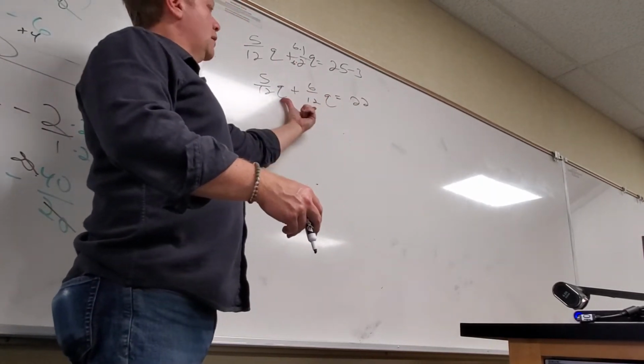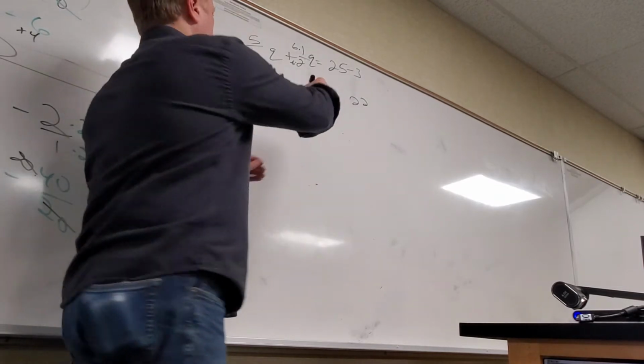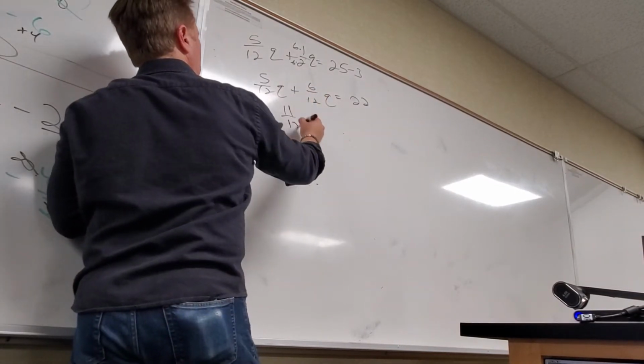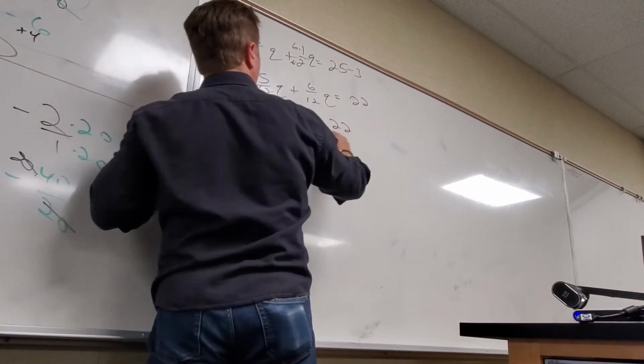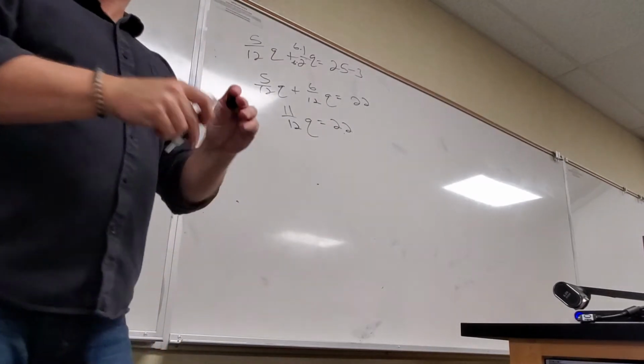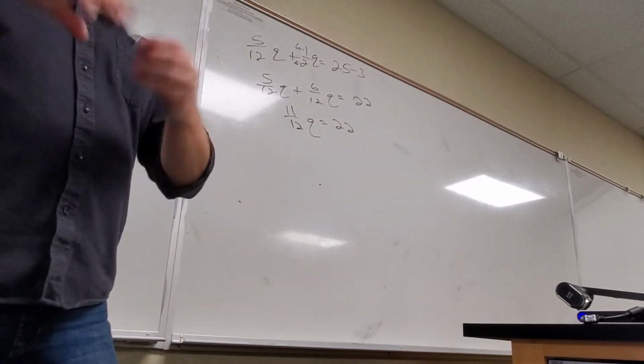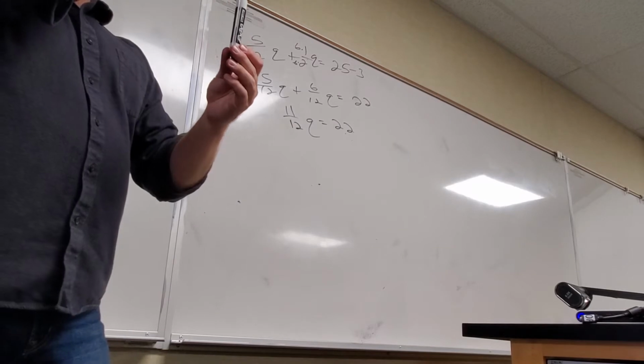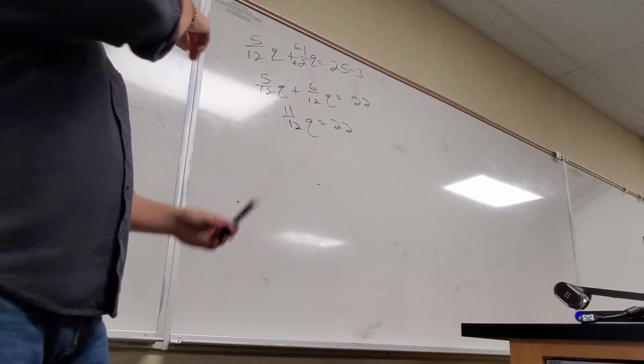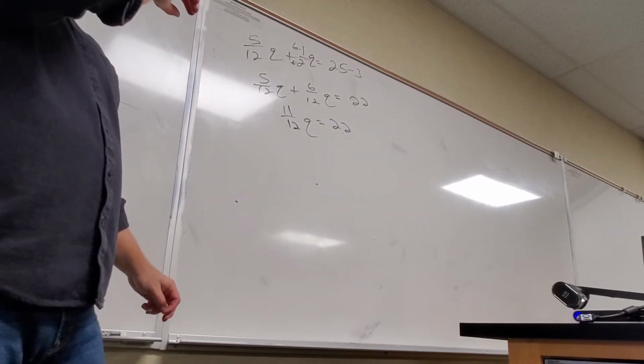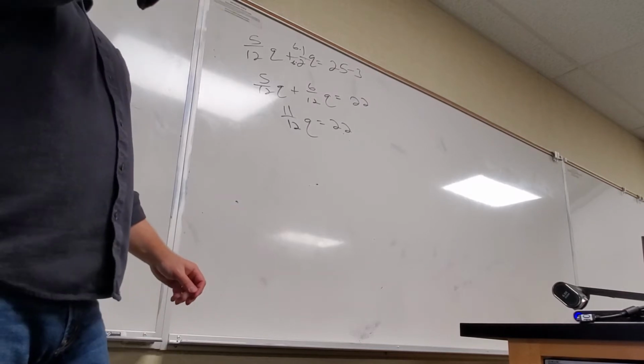What can I do with these now? Combine them. Yep, so I get 11q. And then how do I do the next step? I did the next and last together, so it became the last step. How do I do the last step? Multiply by the reciprocal. Multiply by 12 over 11.